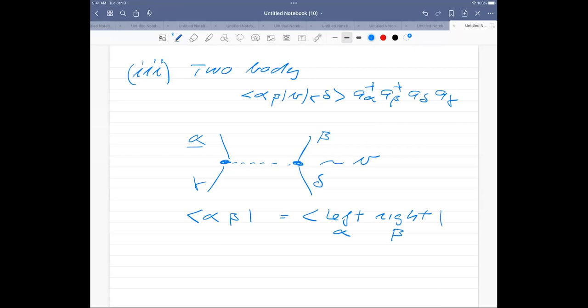So you could think of this as your interaction having an incoming state. The particles are in a state gamma and delta, and then something happens, and the system ends in a state alpha beta. And you would have the same with gamma delta here, where the left one corresponds to gamma, and the right one is the single-particle state delta.